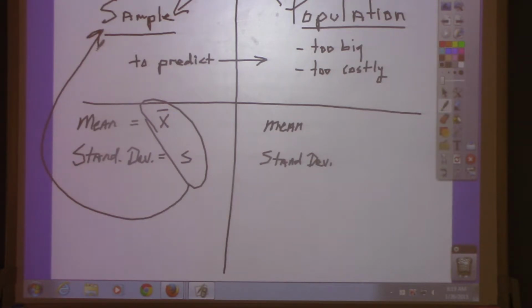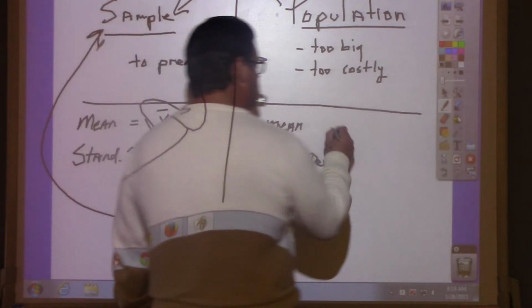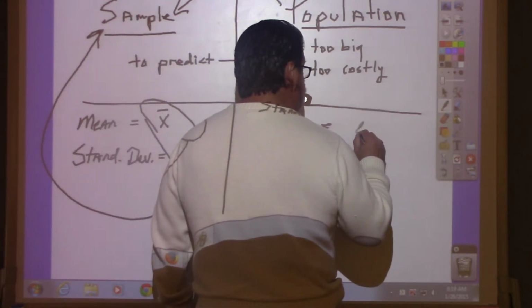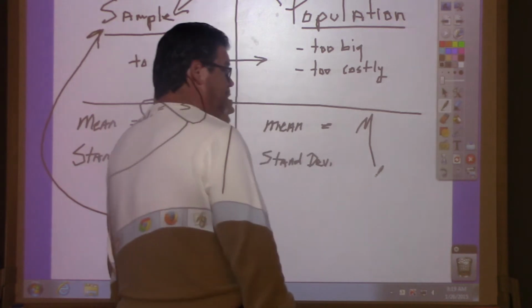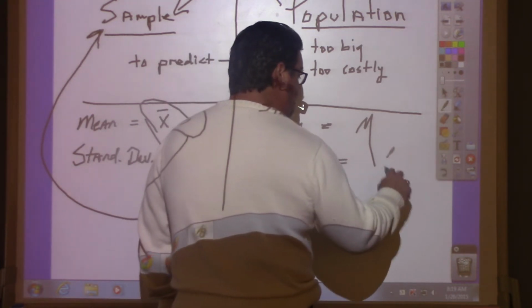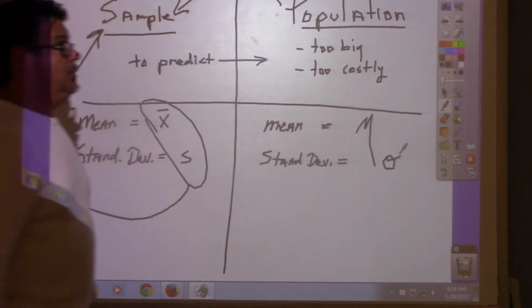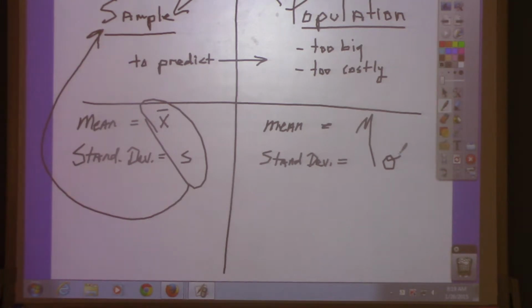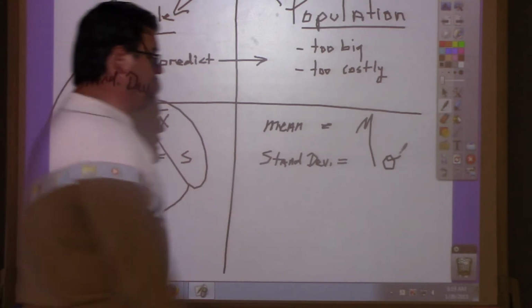If you see these two guys, mu, which I usually draw backwards, and sigma, if you see those two things, then what are you dealing with? You're dealing with the population, and these are parameters.